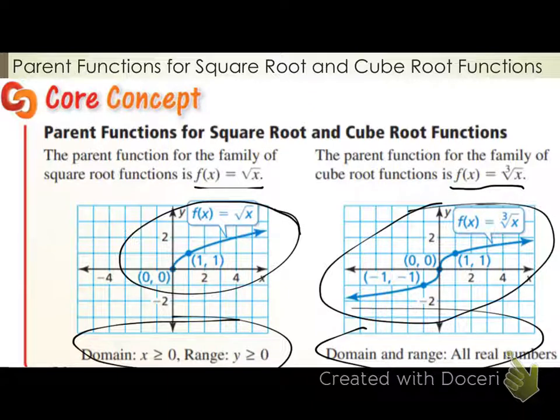So the point is that I can take the cube root of a negative number. I can take any odd root of a negative number: third root, fifth root, seventh root, so on and so forth. So this graph dips down into the negatives because I can plug in negative numbers. Domain and range are just all real numbers. There's no stopping point left or right, or up or down. It hits all my real numbers.